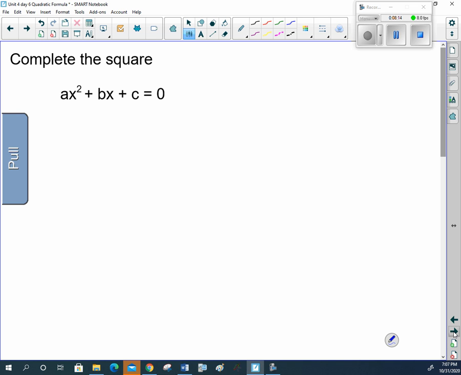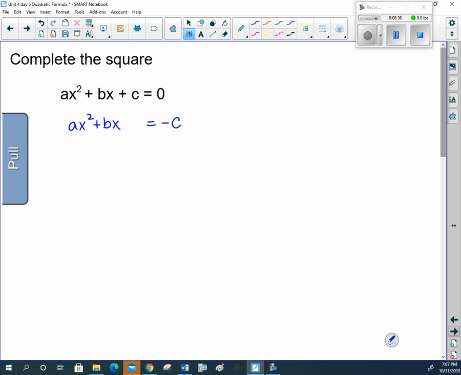So first thing, when I look at that ax squared plus bx plus c, I'm going to separate my variables from my constants. So I'm going to write it as ax squared plus bx equals -c. Okay, now ax squared, that doesn't necessarily have to be a 1. A doesn't necessarily have to be a 1.